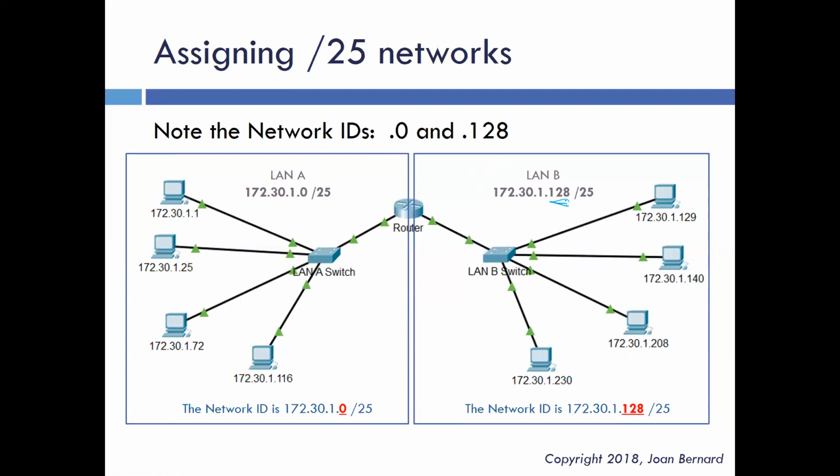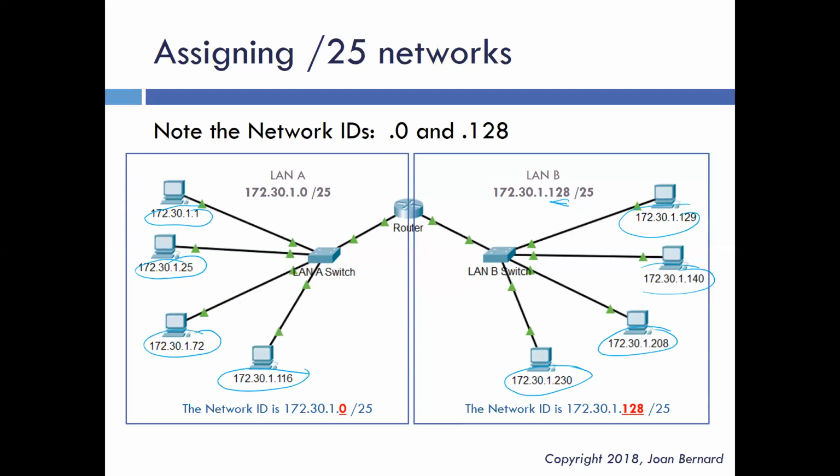As you look at the PCs in each of the networks, notice how they have been assigned addresses in the correct subnet. LAN A PCs have unique IPs between .1 and .126. LAN B PCs have unique IPs between .129 and .254.